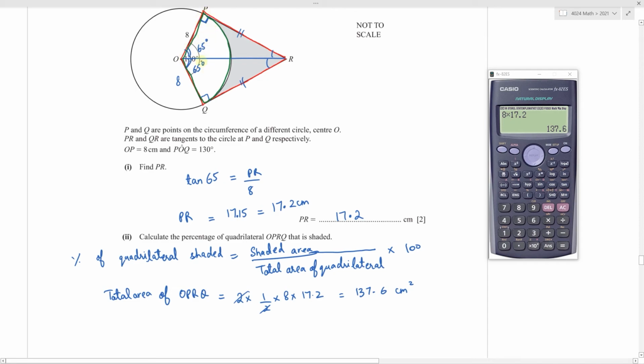So if I subtract this area from the total area of the quadrilateral, the remaining area is the shaded area. So let's calculate it as well. Area of sector OPQ will be equal to, so this full angle here is 130 degrees.